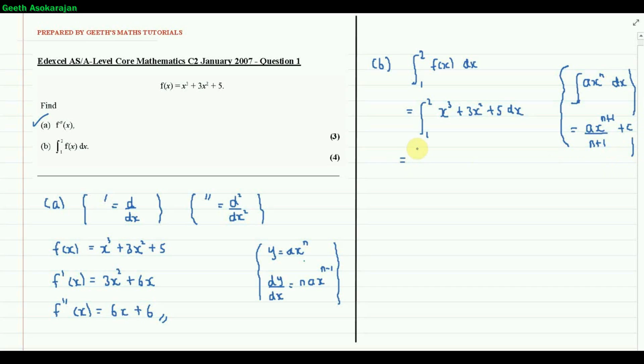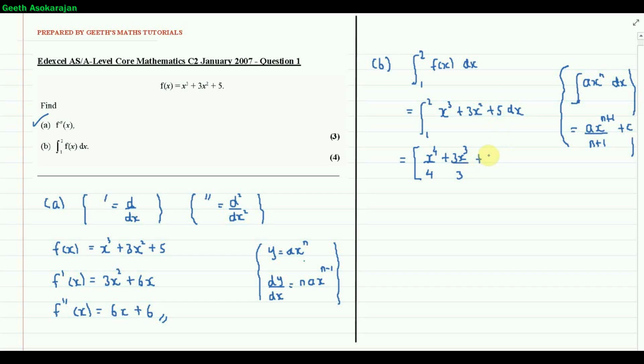However, let's follow this process through to integrate these terms which are of the form ax to the n. When I integrate x cubed, adding 1 to the power gives us 4, dividing by the result of adding 1, which is 4. When I integrate 3x squared, when I add 1 to the power 2, we get 3, divided by 3 as well.